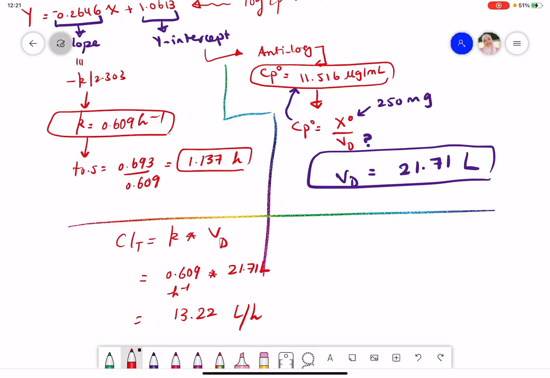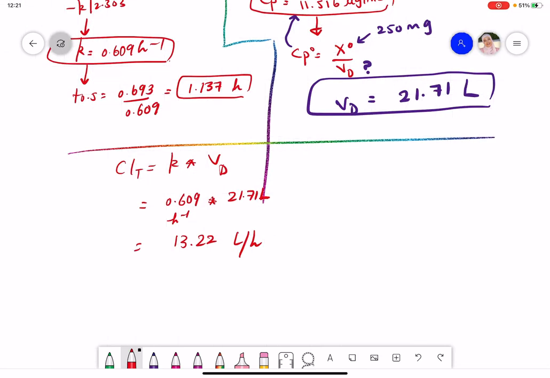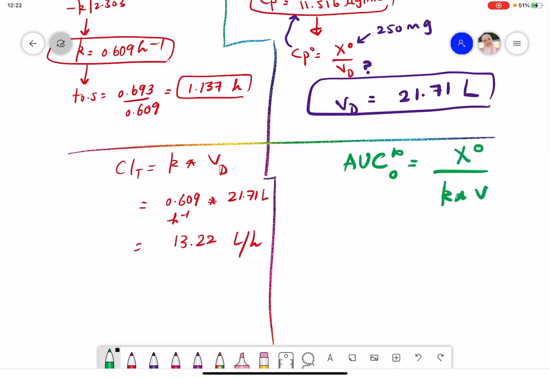Another variable that is asked here is the area under the curve, and it's the total area under the curve. If you remember, it's X0 over K multiplied by Vd, which is total clearance. So it's equal to dose over total clearance, which equals the area under the curve.